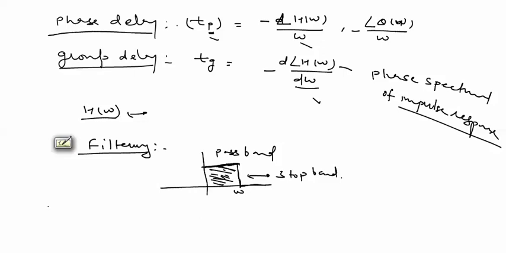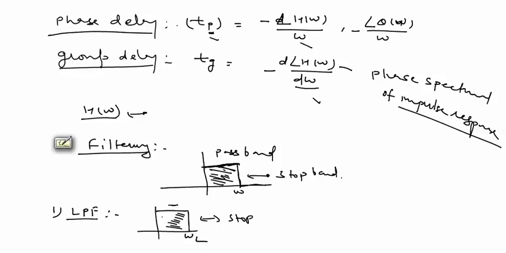Here I am discussing ideal filters, first the low pass filter. It exactly passes a set of frequencies and completely rejects the others. This is called a low pass filter. The ideal low pass filter I already drew: this is the pass band and this is the stop band.